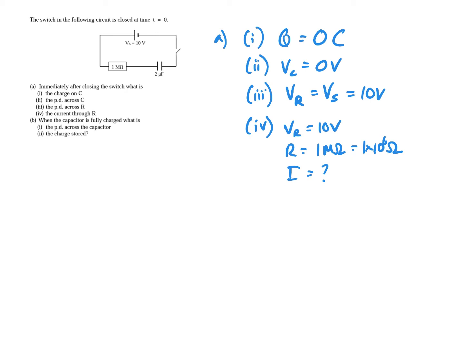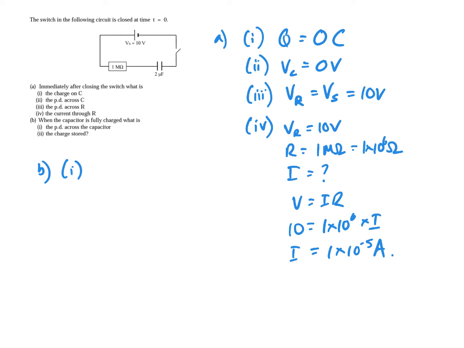You can't apply that to a capacitor. So V equals IR. And then you get I, 1 times 10 to the minus 5 amps. And then just for space, I'll answer B over here.